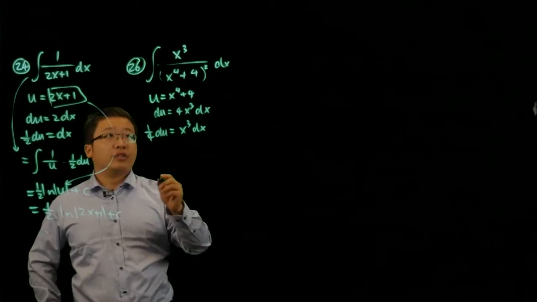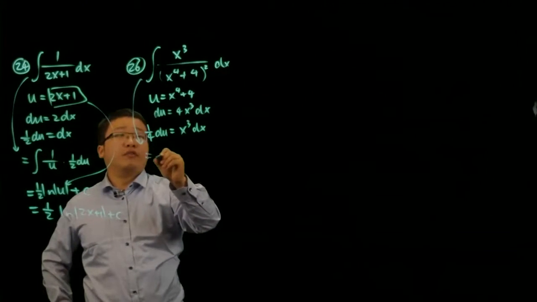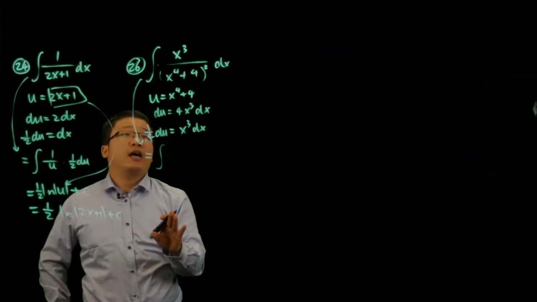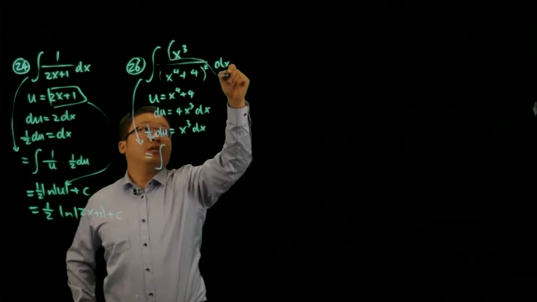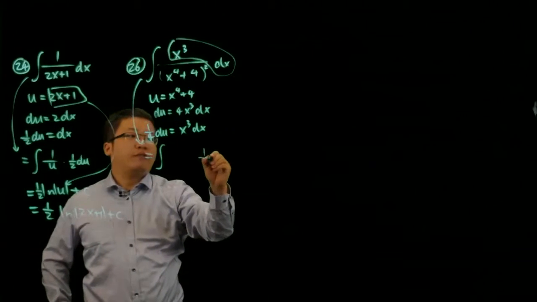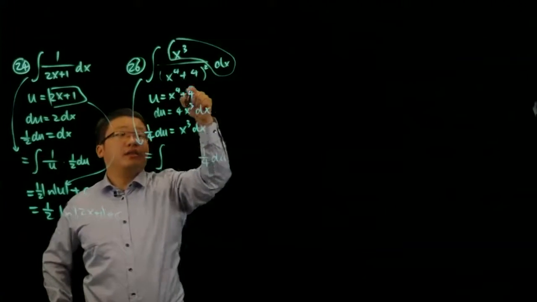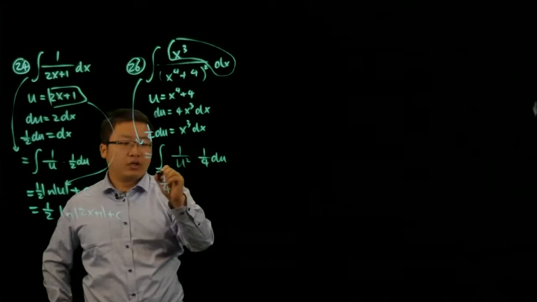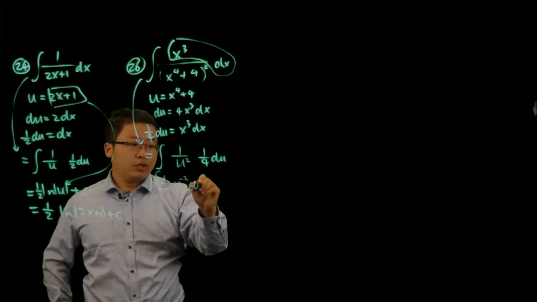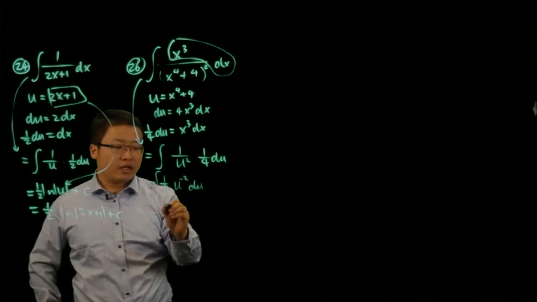Then you can start doing substitution, and that will give you the integral where these two together are your 1/4 du, and this on the bottom is 1 over u squared. Therefore, it's 1 over 4 u to the -2 du, and you're integrating it.